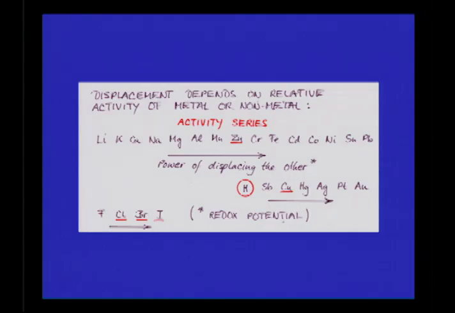Now you might ask yourself, why can one element displace the other? Or what designates a more active element? The activity series, as we have shown here, lists all the elements according to their decreasing activity in this lineup, so that anything on the left can displace anything that is to its right.